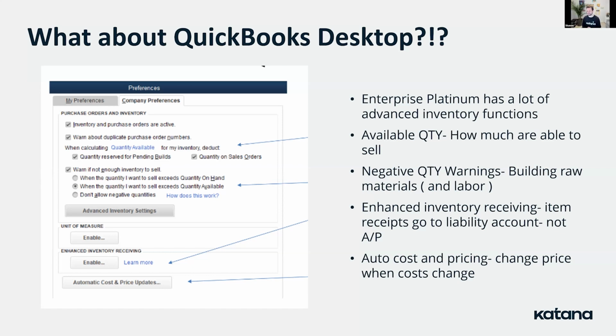But desktop, right? Desktop has been around for 34 years, I think. And in 2002, Enterprise came out, and they started to incorporate some of the more advanced inventory functions inside of the Enterprise product, right?